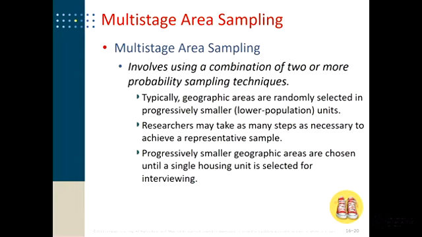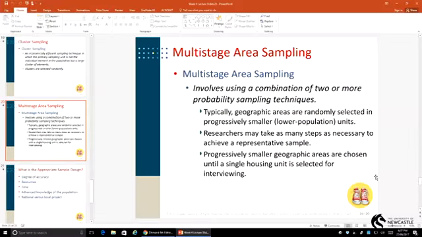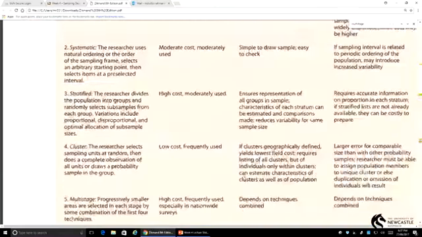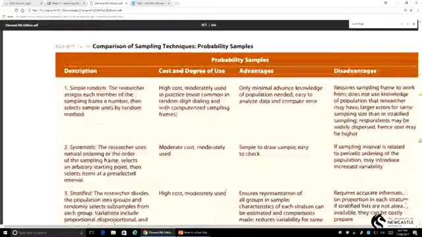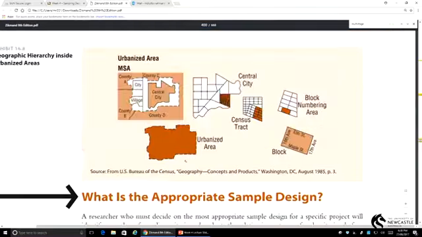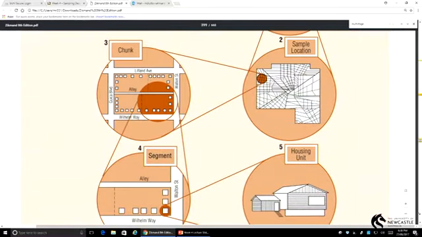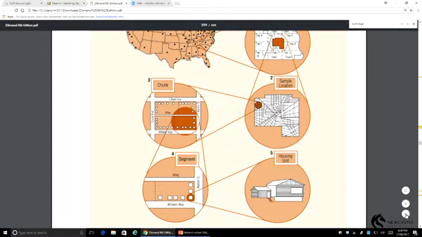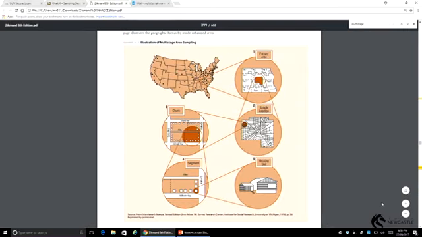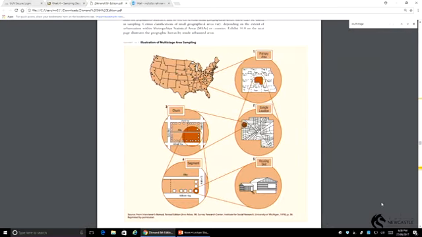Once again, I show you an example from your textbook. This is an example of multi-stage area sampling.